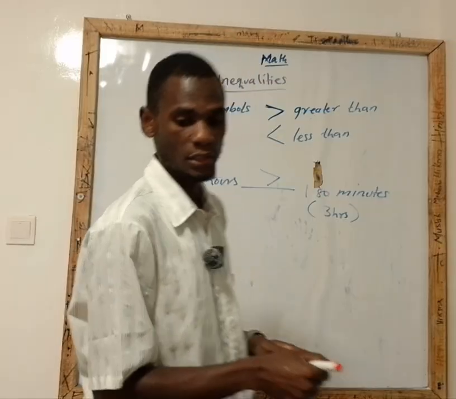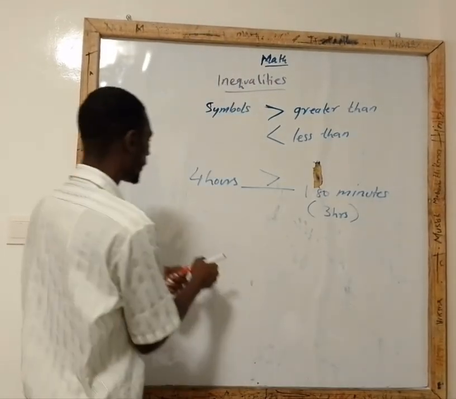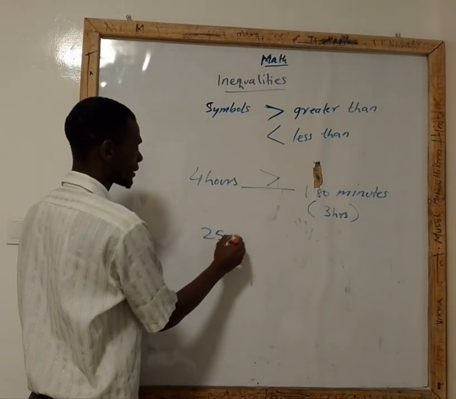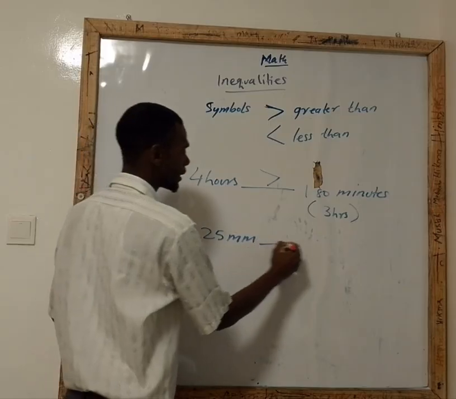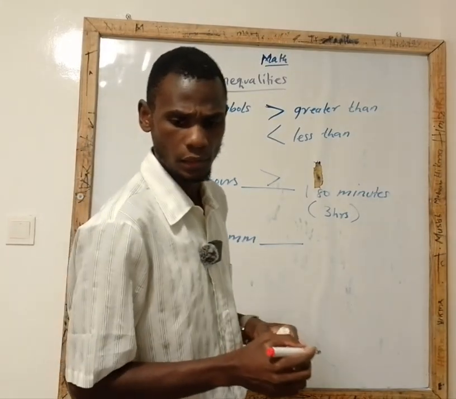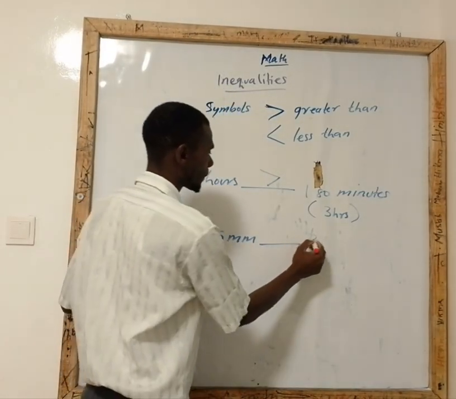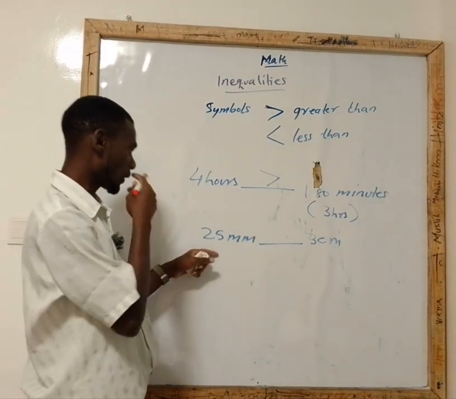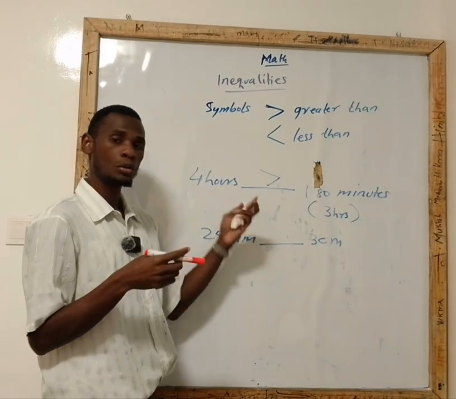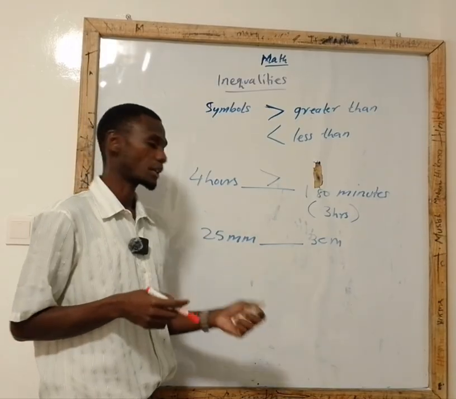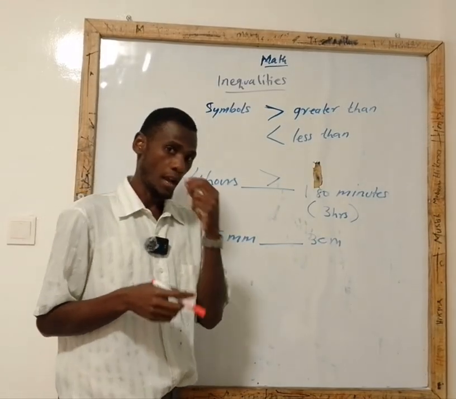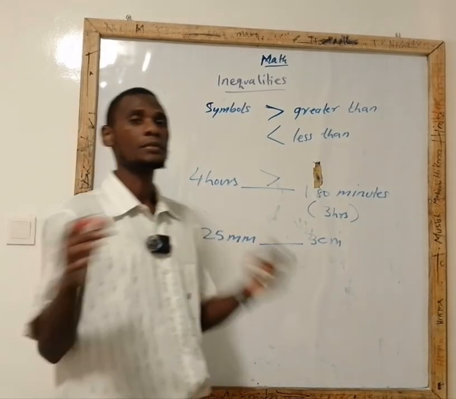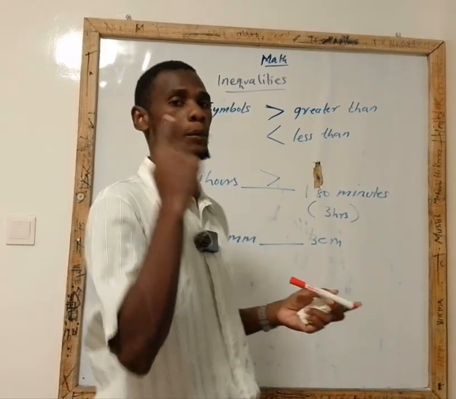Another example is this: 25 millimeters dash 3 centimeters. You are asked whether 25 millimeters is less than or greater than 3 centimeters. These are different units, and we cannot compare different units, so you have to make them the same unit.